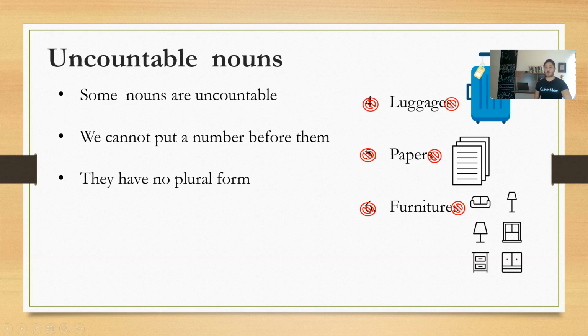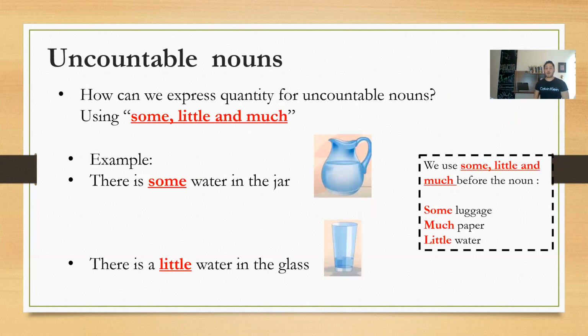It's just water. Now, how can we express quantity for uncountable nouns? Well, we can use some, little, and much to express how much we want or how much quantity we have of an uncountable noun. For example, in this first picture, we have water.